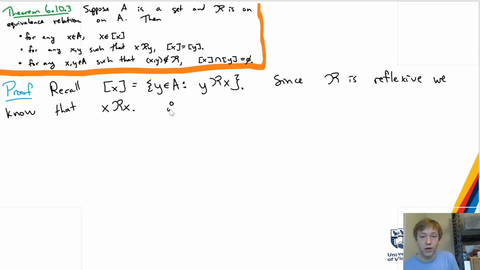So therefore, by definition of the equivalence class, x is in the equivalence class of x. Okay, so like I said, this all just comes down to understanding the definition of equivalence class, and understanding the definition of reflexive, and remembering that an equivalence relation is always reflexive.